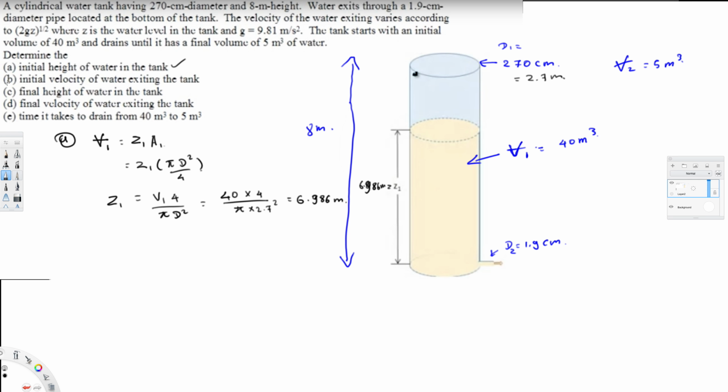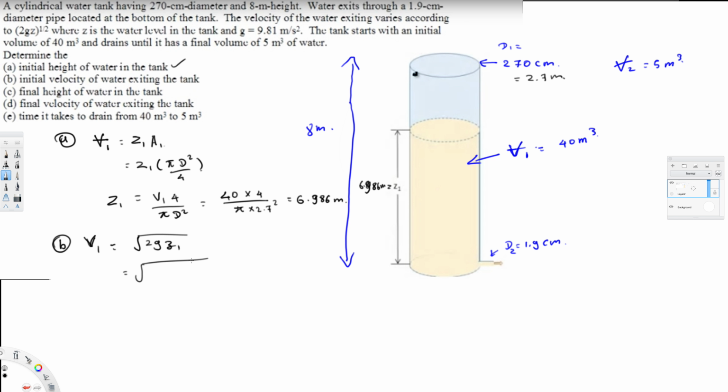And the second question is asking for the initial velocity of the water exiting the tank. To calculate that, let's choose V1, the initial velocity. I can use the square root of 2gz1 equation.